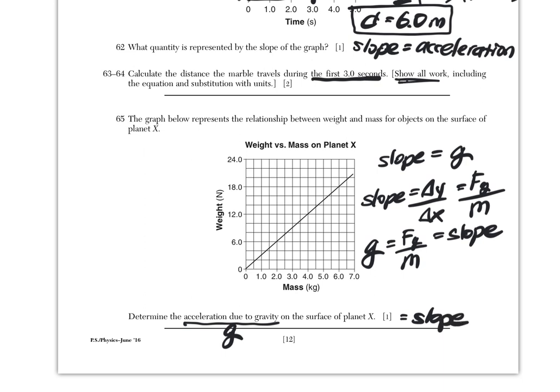So if we take a 2-point slope, let's see, these guys look good. We have 2 kilograms, 6 newtons, and up here we have 6 kilograms and 18 newtons.